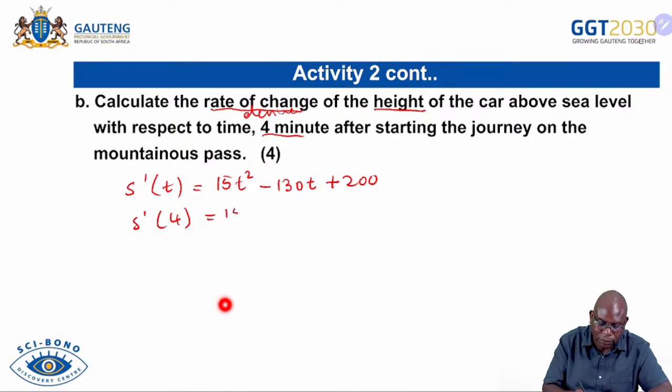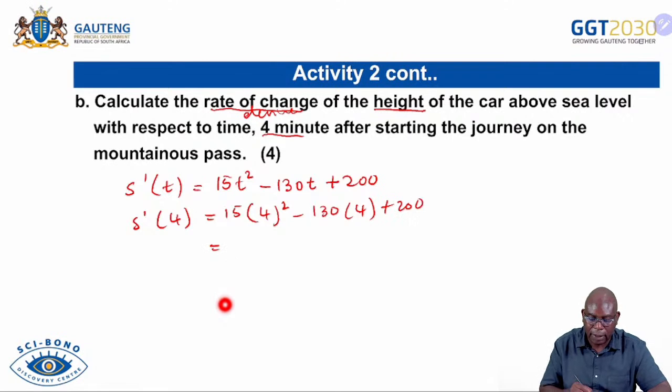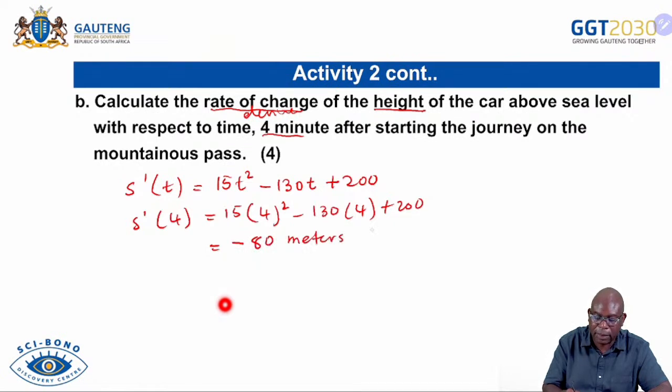So, I'm going to say 15 into 4 squared minus 130 into 4 plus 200. And when I put this in my calculator, the answer that I get there is negative 80. So remember, this is negative 80 meters per minute.